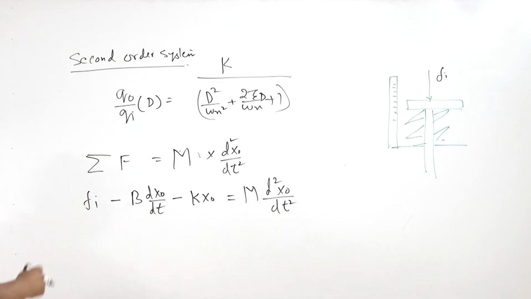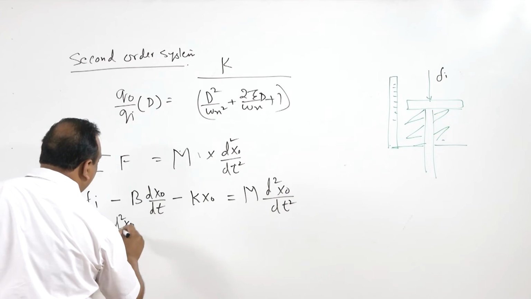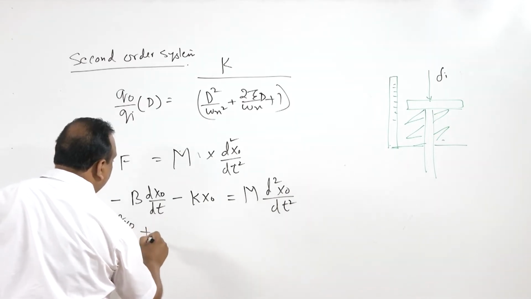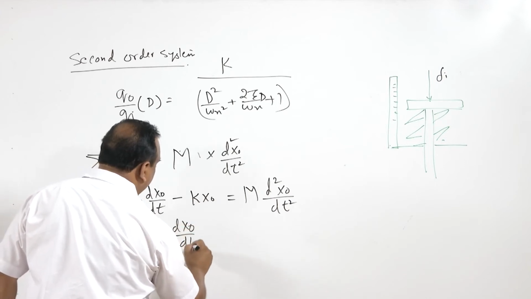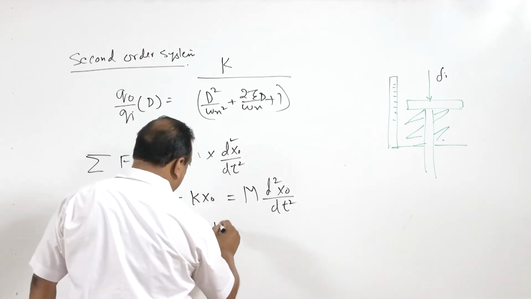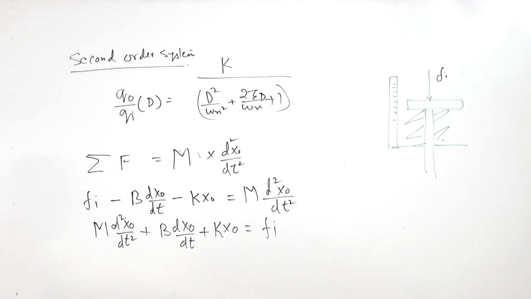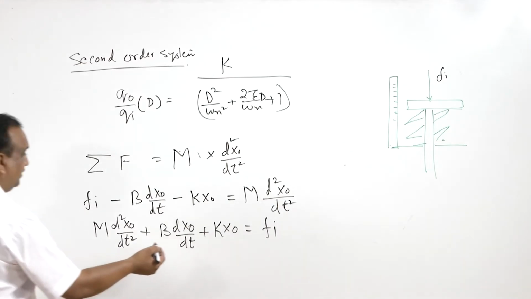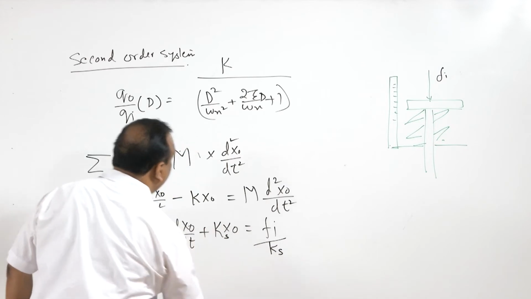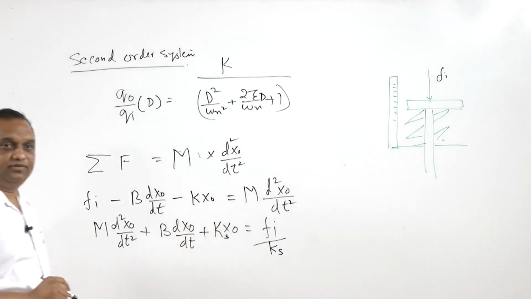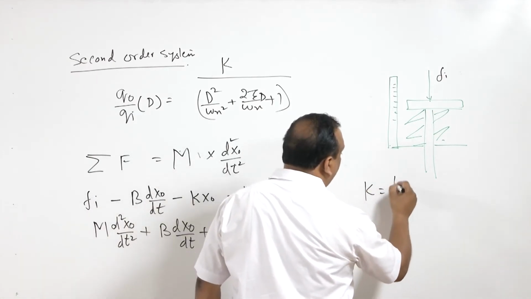Now we will rearrange these terms and we will get M d squared xo by dt squared plus B dxo by dt plus Ks xo is equal to Fi, the input force. Now we will divide this by Ks, the stiffness of the spring, so the sensitivity of the instrument is 1 by Ks.